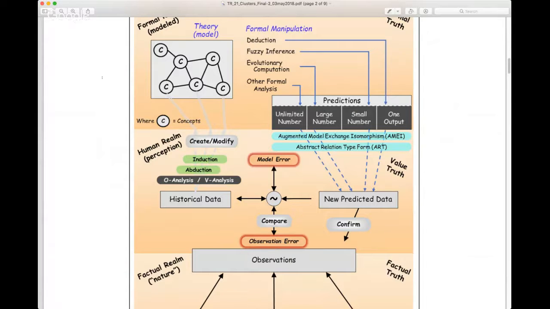So when you go from the value truth realm, value truth isn't necessarily true. And factual truth, bottom, isn't necessarily true. But when you go into the formal realm, the model realm, you have to make a decision and say, okay, we assume this is true.